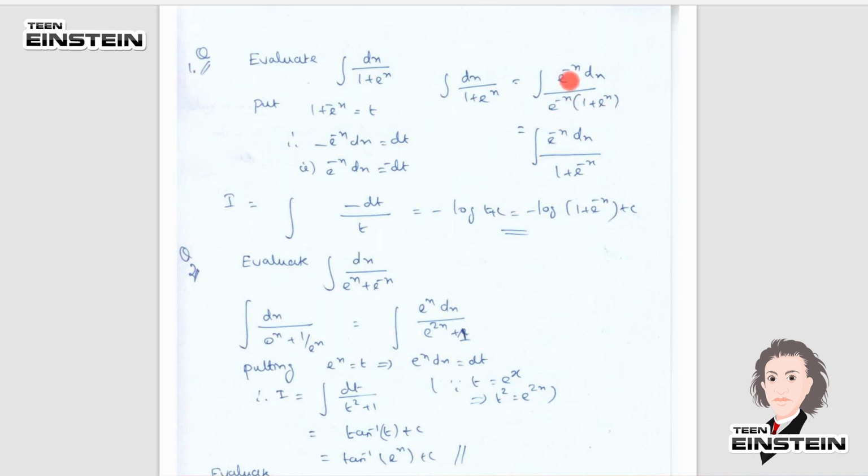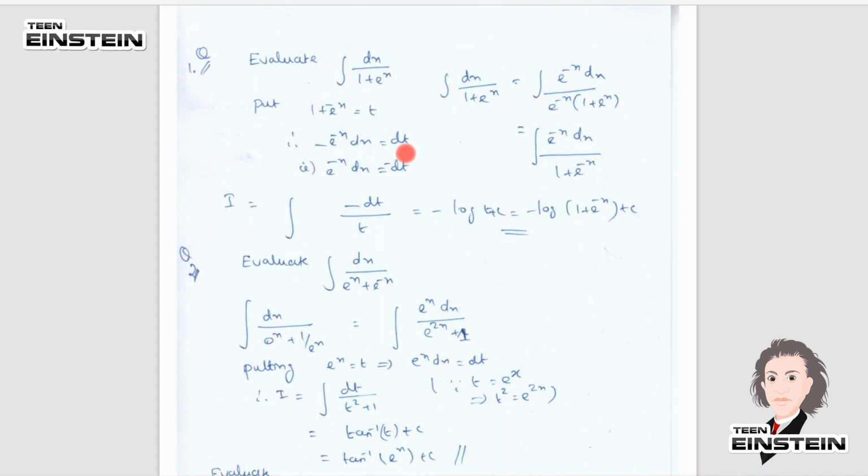What we have in the denominator is 1 plus e power x. If you multiply this term by e power x, then you will be getting e power x plus e power 2x. Okay, so if you use e power x plus e power 2x equal to t, then if you differentiate that, what will you be getting?